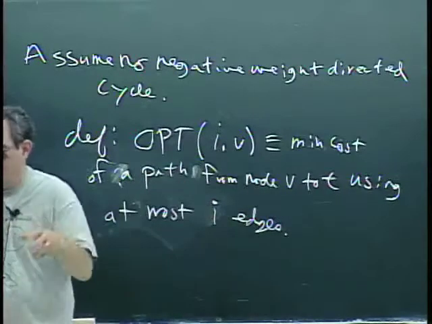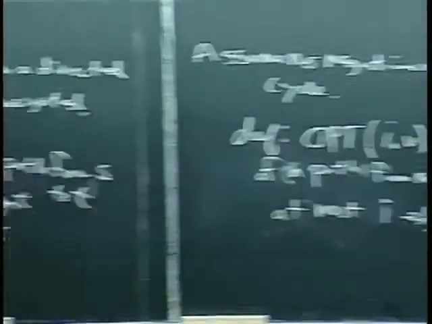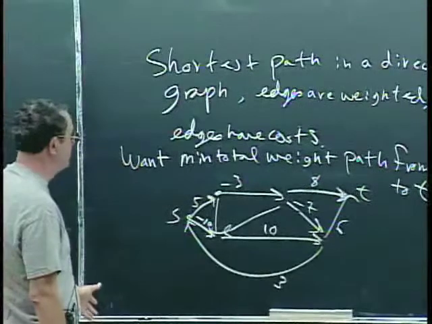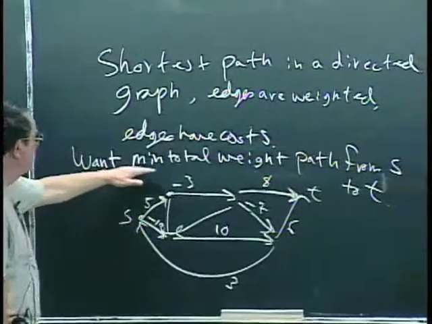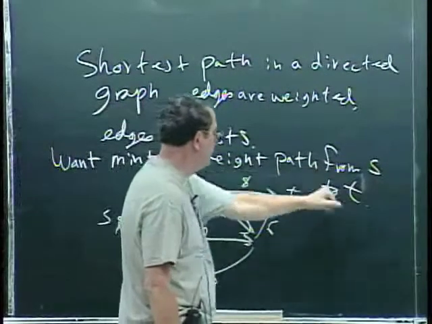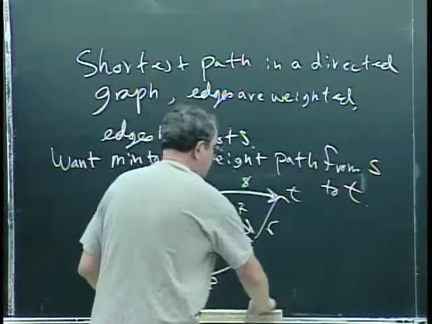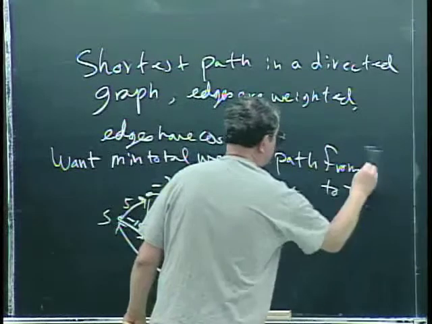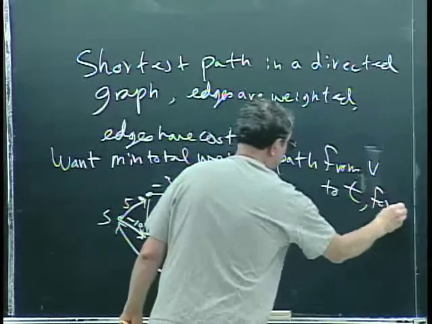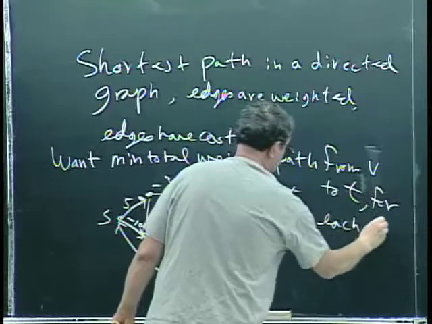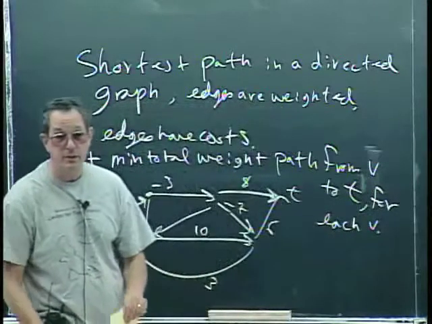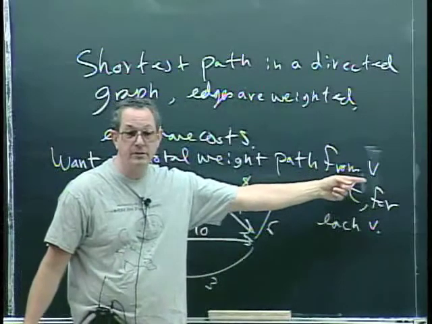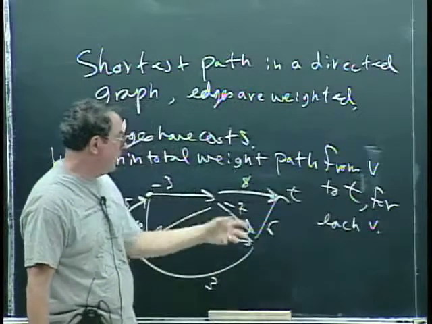If I'm trying to make this look, so how I'm going to change that to make this really look like a subproblem is say that our problem now is not to find the minimum total weight path from S to T, but to find the minimum weight path from V to T for each V. So what we really want to return is for every node in the graph, what is the shortest path to T?